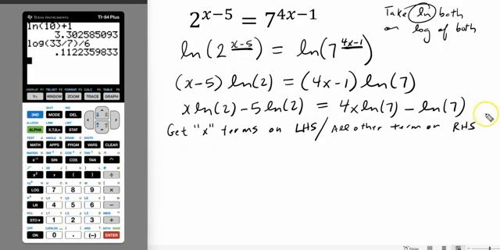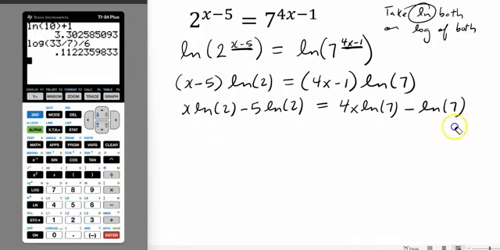So anything with an x with it, we want on the left-hand side. So now I'm going to erase that. So this will stay because it's on the left-hand side. That does not have an x in it, so I'm going to take it to the other side.